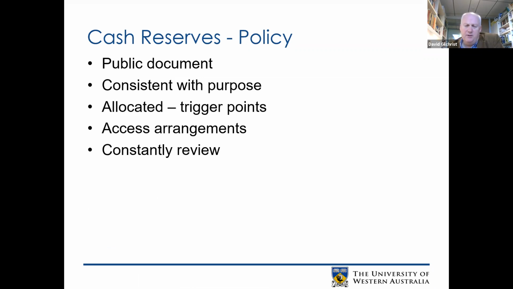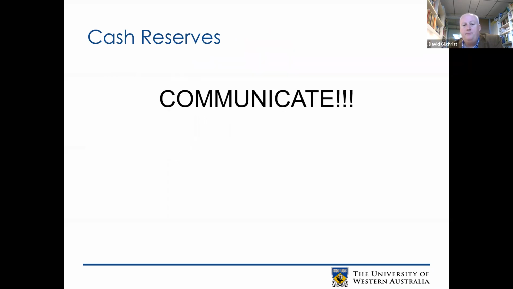And remembering, as with all policies, any cash reserve policy needs to be reviewed on an iterative basis to make sure it remains relevant and useful to the organisation. And particularly if it's a public policy, a document that's used to support your communication strategy, then you need to make sure that you're on the money in terms of it being manageable and that you're walking the talk, if you like, at the end of the day.